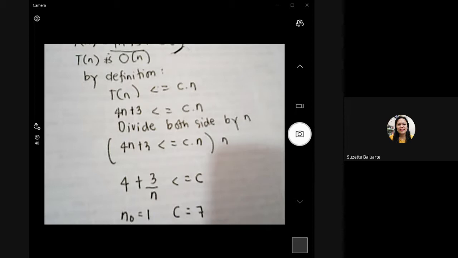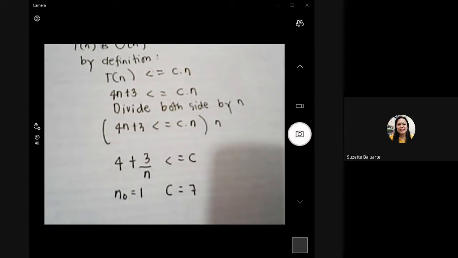Okay. So, to explain further, as your n sub 0, the value of n, increases, the value of your c should decrease.